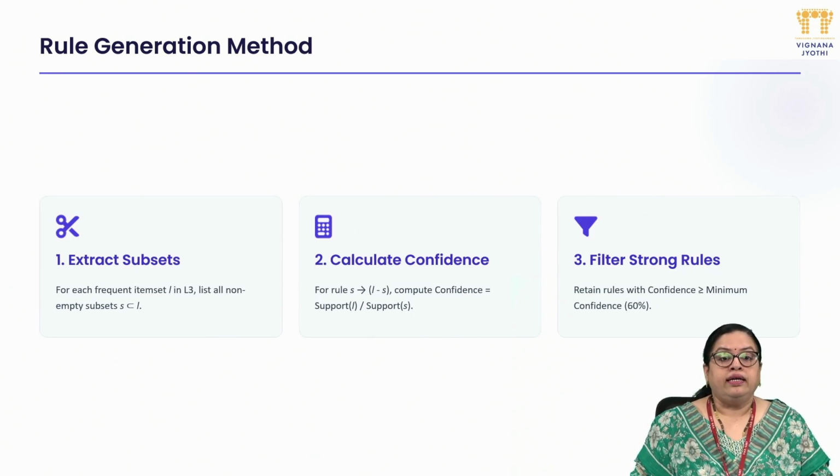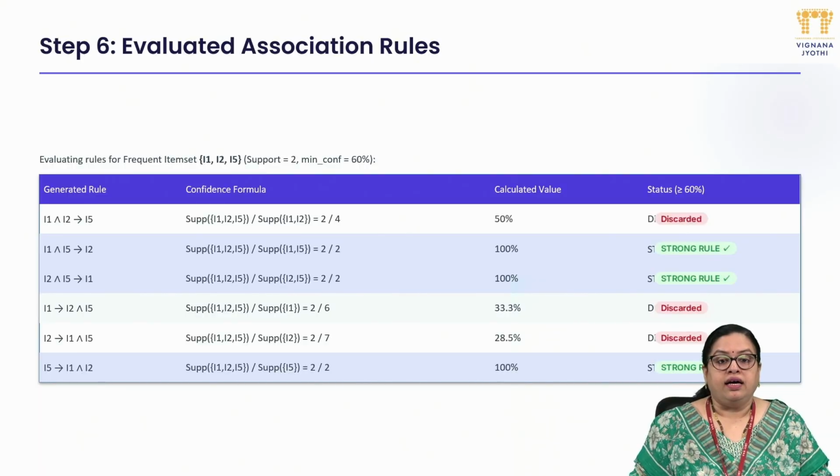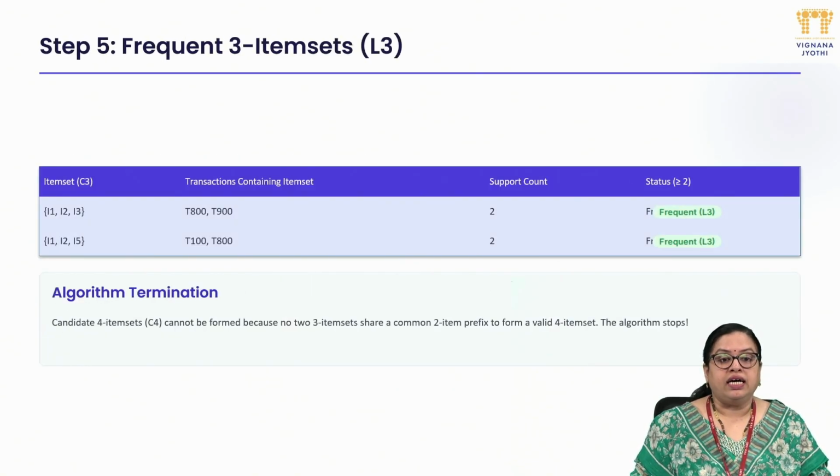Okay, then next, how do we calculate the confidence here? What is the confidence calculation formula? And for how many sets are we calculating the confidence? Next we are calculating the confidence of I1, I2, I5, and another combination, which is I1, I2, I3 also.